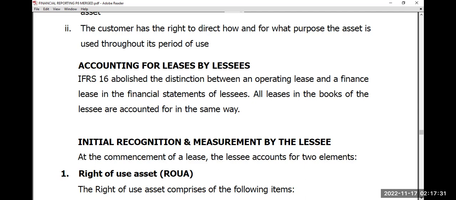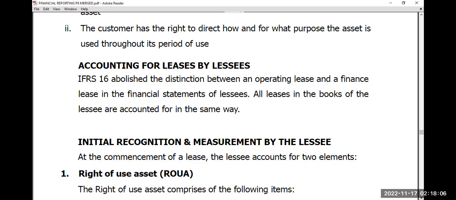Okay, basically what we are going to look at is what criteria are set by the standard on how we account for these leases in the books of the lessee. We are saying IFRS 16 abolished the distinction between an operating lease and a finance lease in the financial statements of the lessee.